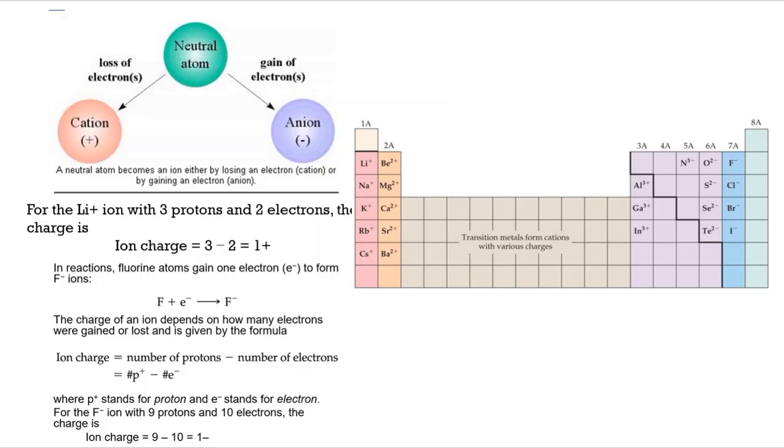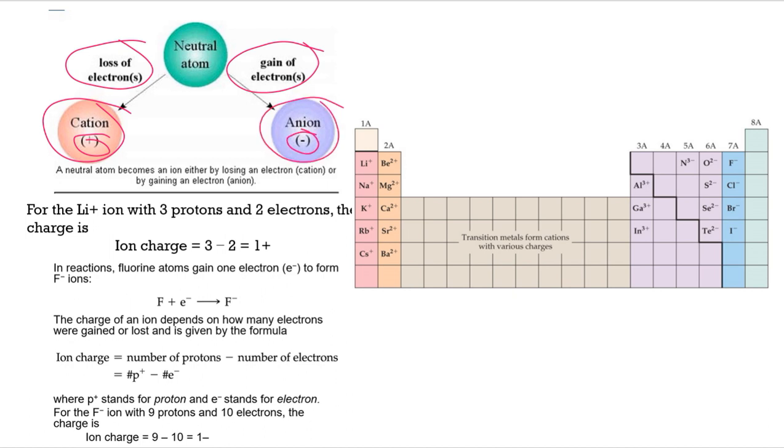Atoms can have two behaviors. They can lose electrons and make cations, that are positive ions, or they can gain electrons and get anions, that are negative ions.